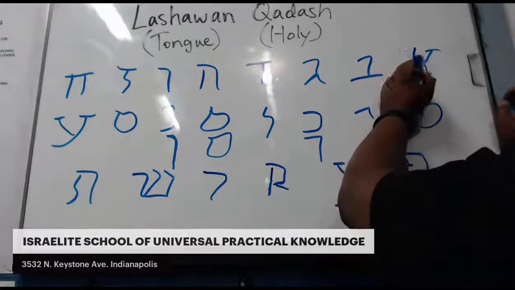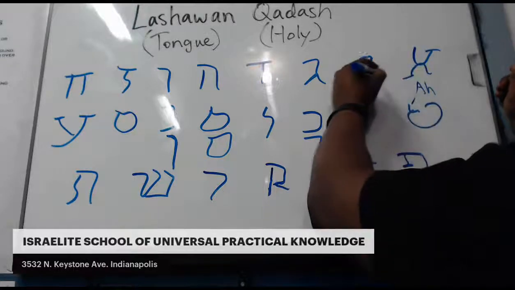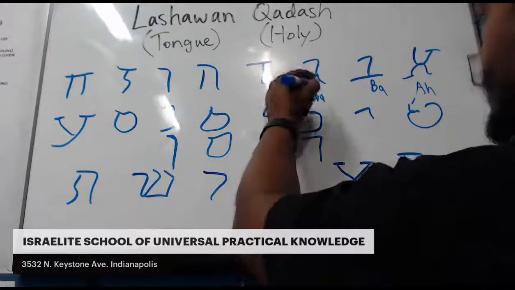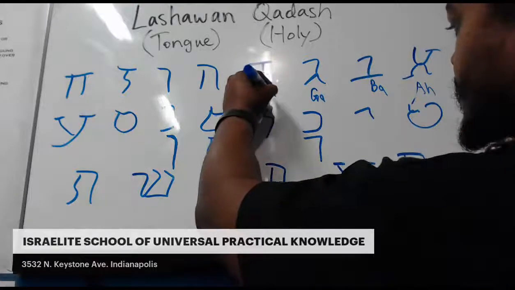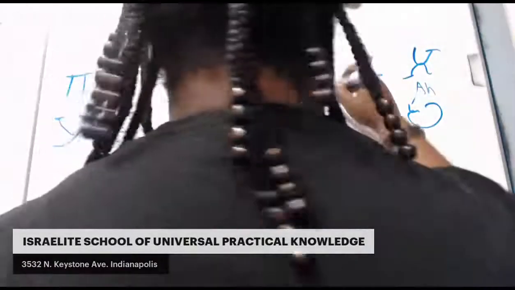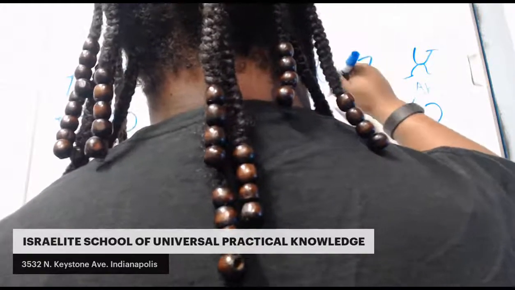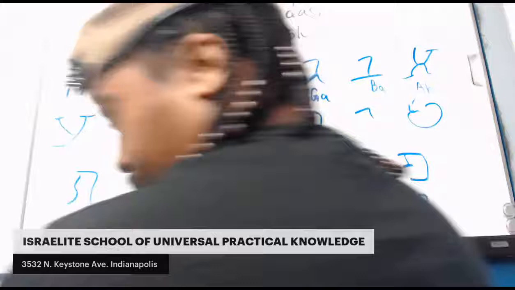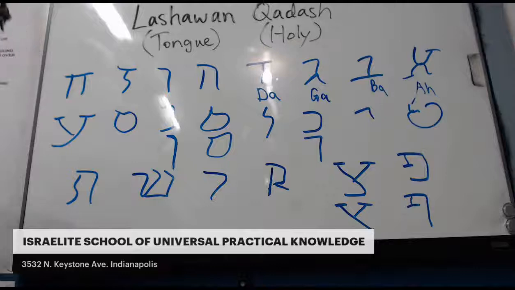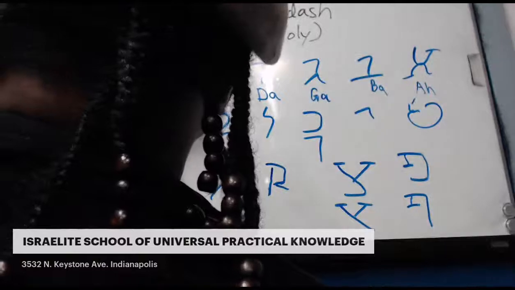So a little left hand writing real quick. Might be a little jacked up looking. Ba, Ga, Da, Ha.